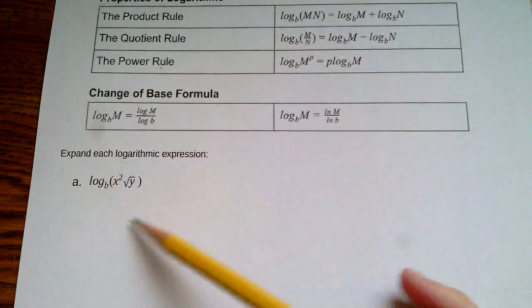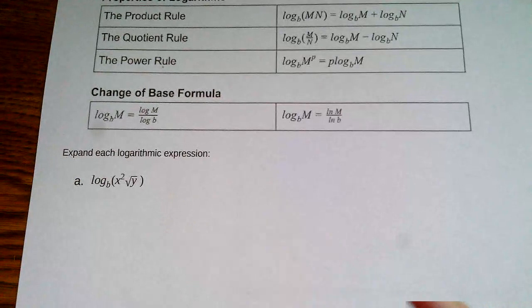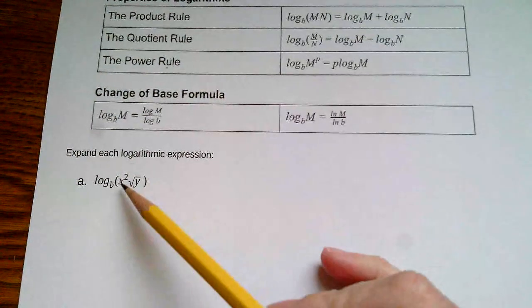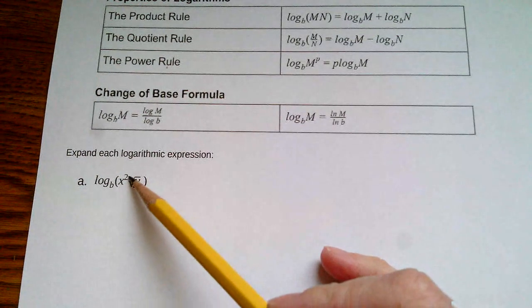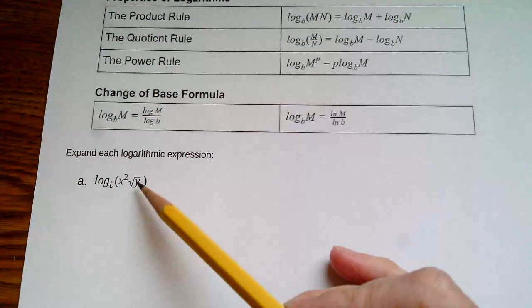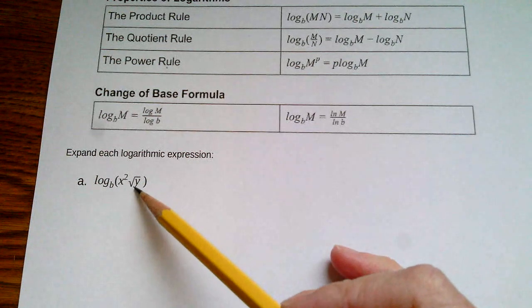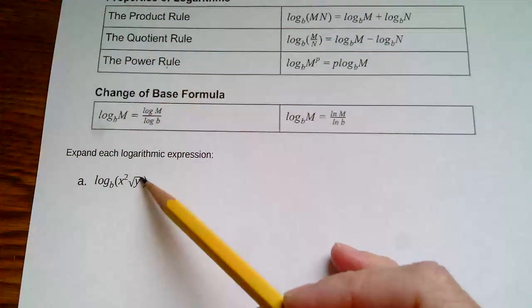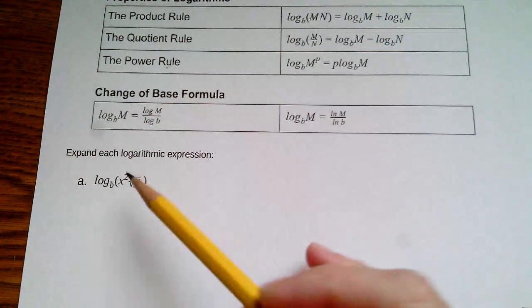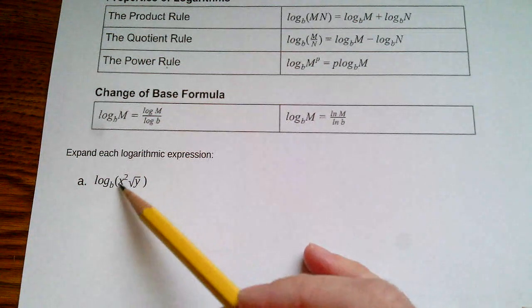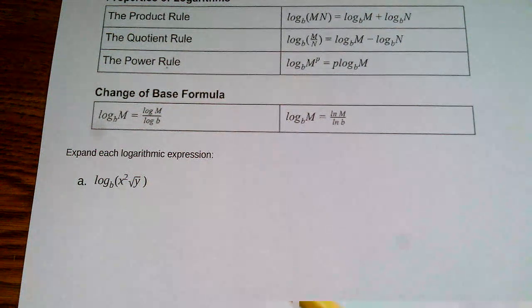I check my argument and see what I have going on there. In my argument, I have a base raised to an exponent. I also have a base and it's taken the square root. And I remember that a square root is the same as an exponent of 1/2. I also notice that these two things are multiplied together, so I have a product.